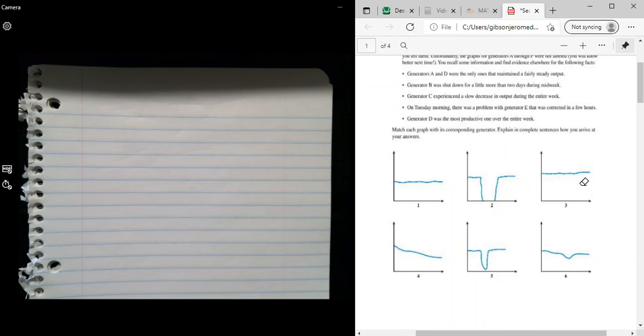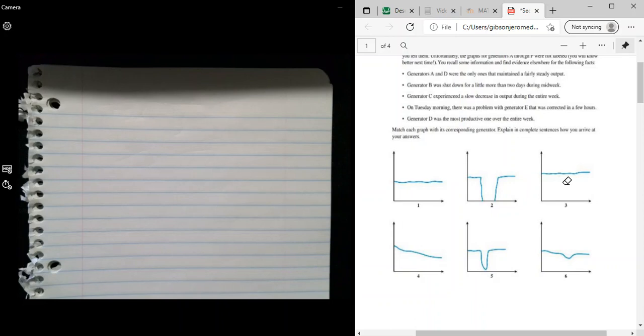Okay. Now we need a little bit more information in order to distinguish between A and D. The only other place where they talk about A or D is that last bullet point. It says generator D was the most productive one over the entire week. So we narrow A and D down to graphs 1 and 3. And all we have to do is pick the one that's the highest, which would be 3. So generator D would be 3.